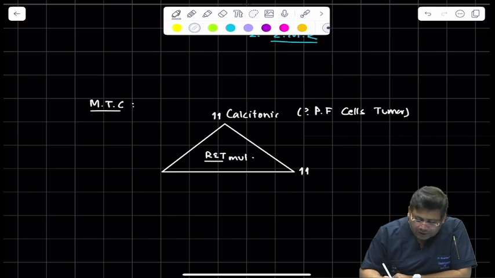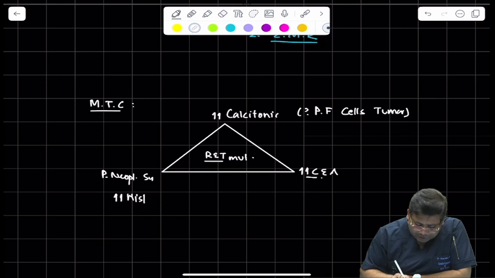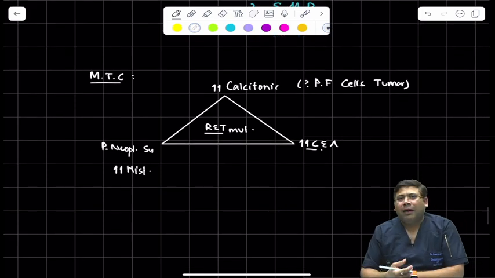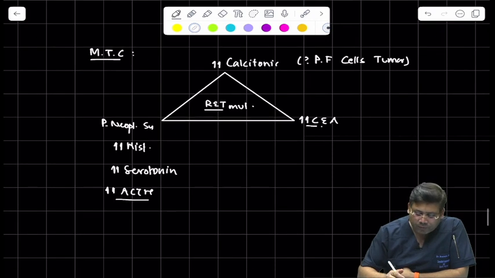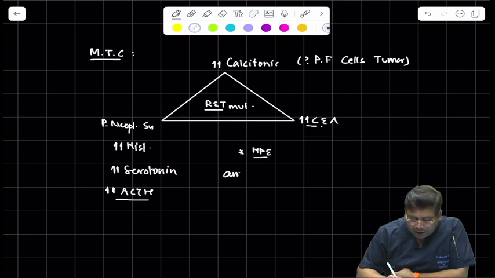Then there is increase in CEA because it's a carcinoma, and paraneoplastic syndromes are also there, because of which you have increase in histamine. So you have pruritus, all those vasomotor symptoms. You have increase in serotonin, so you have diarrhea, and then you have increase in ACTH, so you have the Cushing's-like syndrome. Remember, on HPE you get to see amyloid stroma.